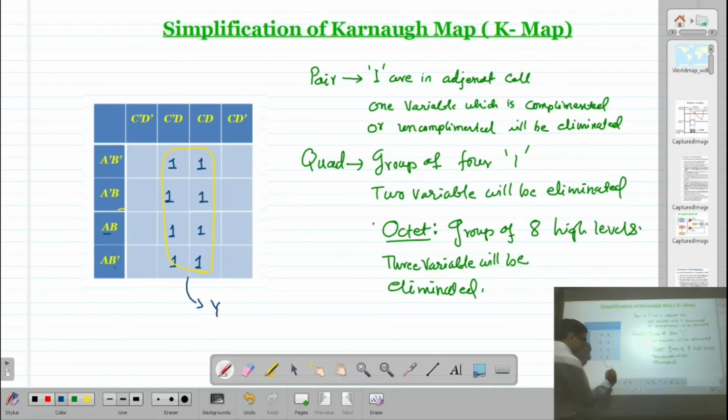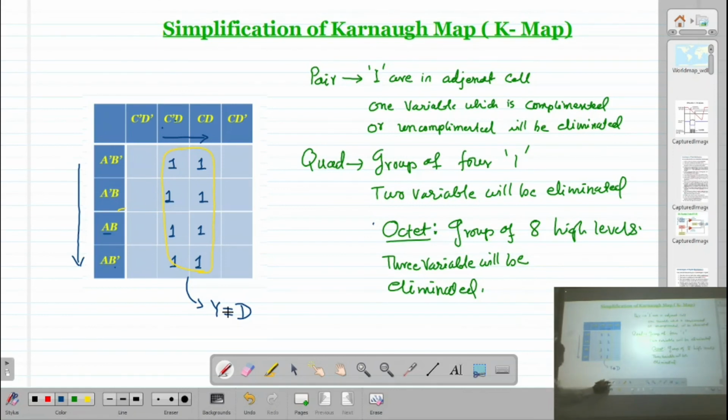If you write this expression y, when I am moving from top to bottom, then A and B both are going to change, so they will not be in my expression. But when you are moving from left to right, then C is going to be uncomplemented, D is remaining unchanged. So my answer will be y is equal to D. Correct? In this way, you can mark the octet and you will get a simplified expression.